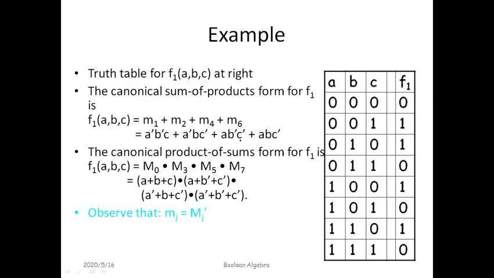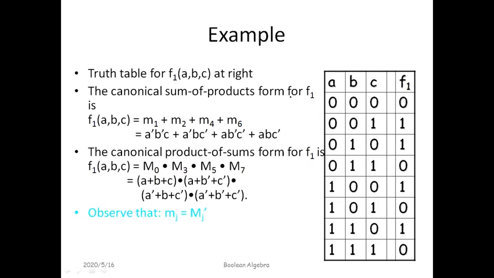Let's look at some examples. The truth table for f1 abc is as shown here. So this is the truth table for a function abc, shown on the right.